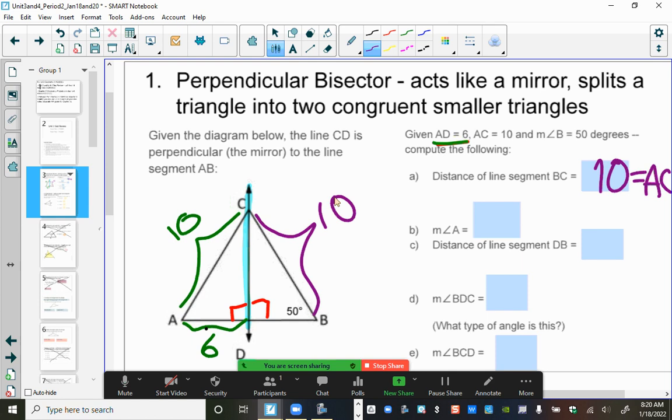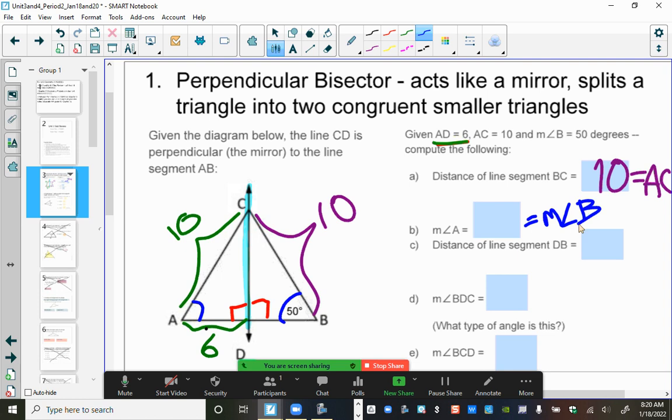All right, next one. Measure of angle A. Well, angle A is located here. Angle B is located here. So angle A and angle B, can we say they mirror each other? So the angle A and angle B are equal to each other. Well, we don't know what angle A is, but we know what angle B is.